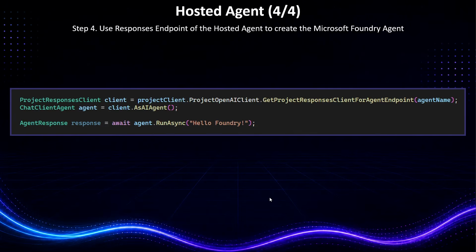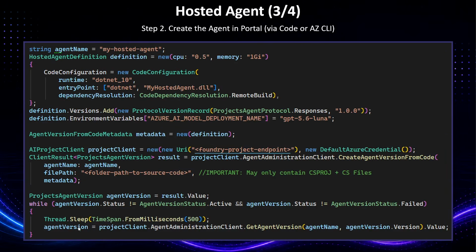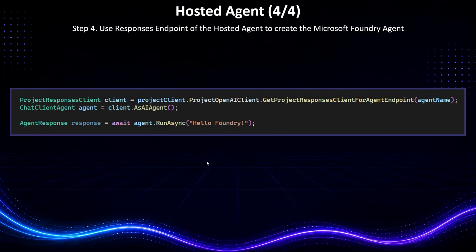And the continue will, normally we could just say, now get me the agent. But in this case, since we had that special responses endpoint, we need to instead go in and say project client.project OpenAI client and get the responses endpoint that is specific to that agent name. If we just took the agent itself and tried to use it as an AI agent, it will actually come back with an exception saying, a hosted agent, you can't do it like this.